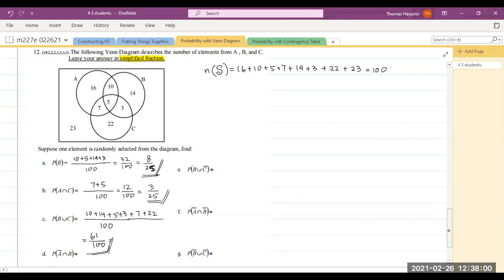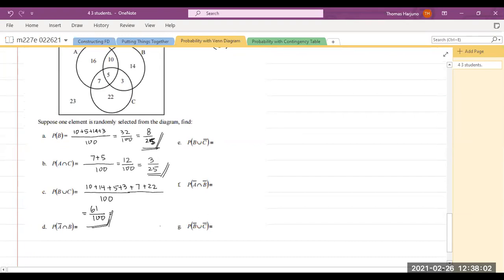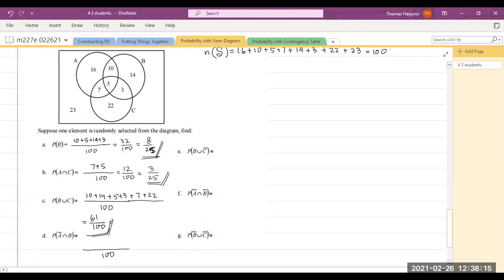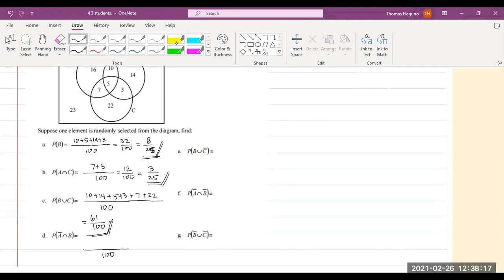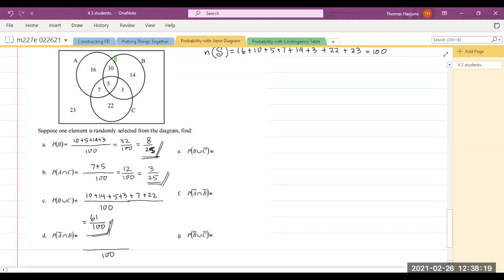Now then, how about the probability of getting not A, so outside of A, but in B? The one outside of A, but in B refers to this region here. Let me use another color. Outside of A, but inside of B. It's an intersection, right?